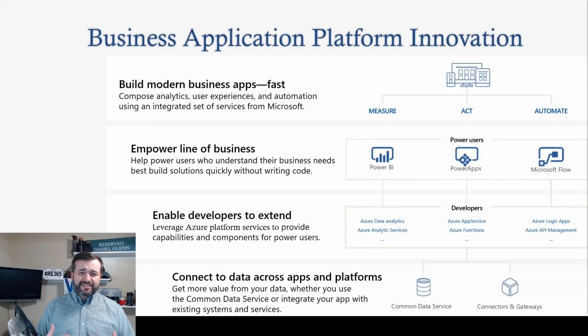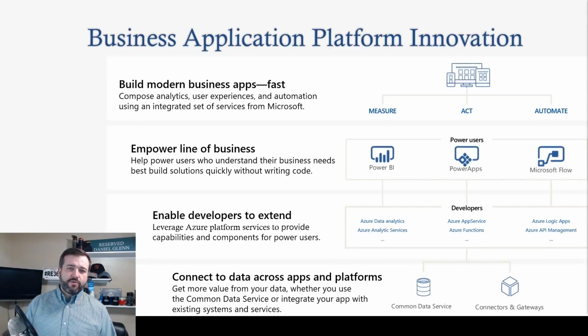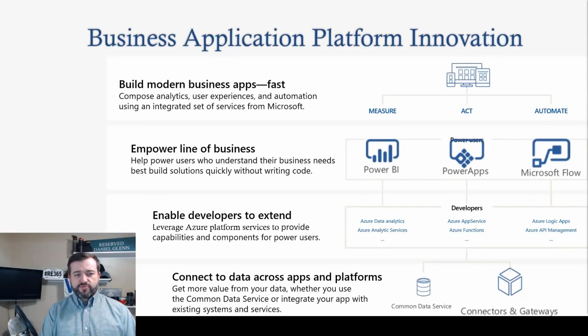Then we connect all of that through the Common Data Service with content, connectors, and gateways. So today we're talking about those three things: Power BI, Power Apps, and Microsoft Flow, and concentrating on those connectors and gateways.